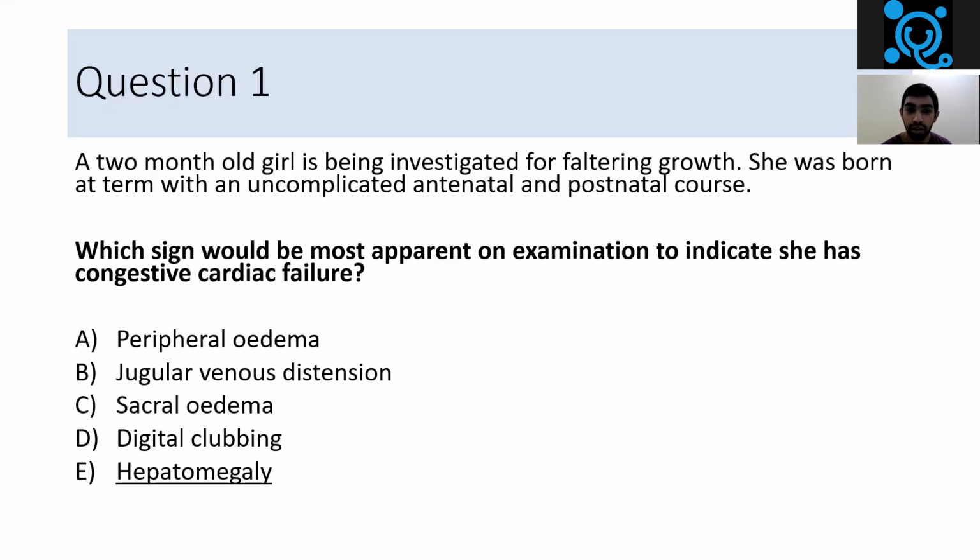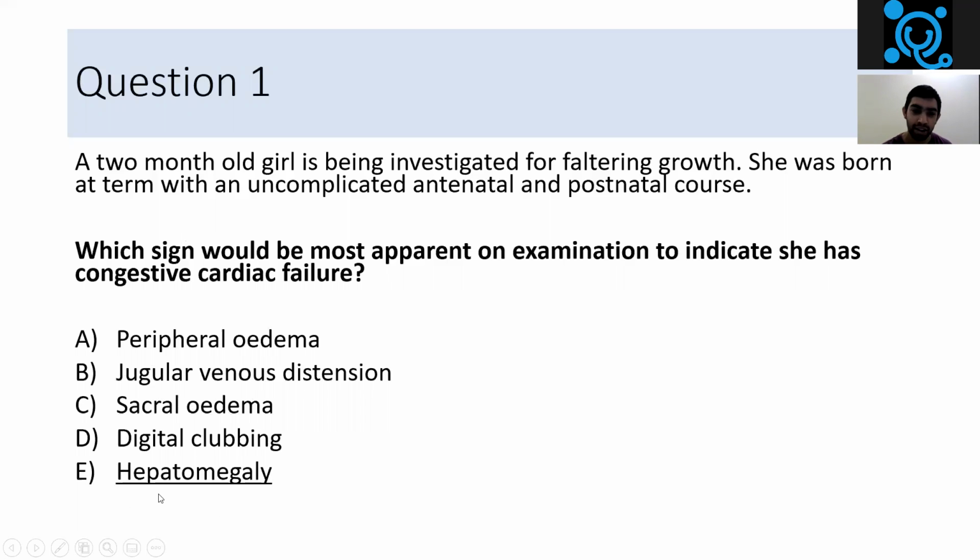So it actually becomes quite hard to see unless they become markedly edematous. That's also coupled with the fact that these babies are often quite chubby, so it becomes quite tricky to see. And along the same lines with jugular venous distension, I think it's tricky to see it in adults in some cases, depending on how small their neck is and if there's a lot of subcutaneous fat. And it becomes especially challenging to see it in a baby. Okay.